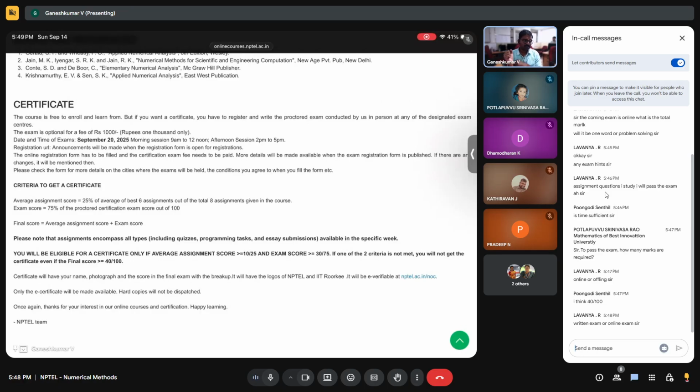If you have registered for the exam, you must have received communication regarding this. You have to go in person, but you have to take online exam in the exam center. Okay. Mostly it will be like that. But you will also receive the communication.